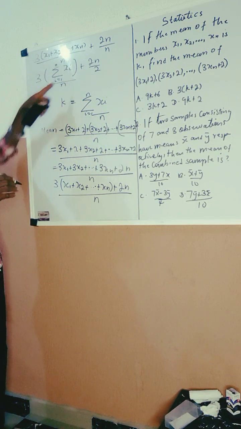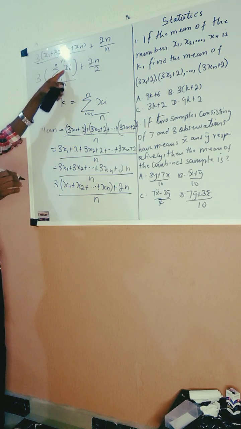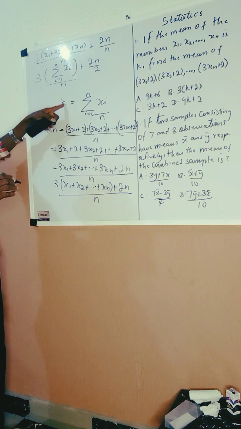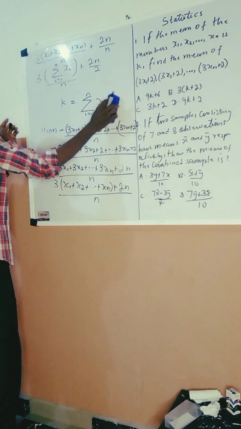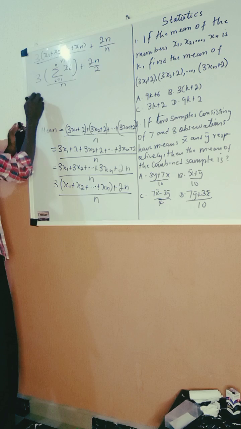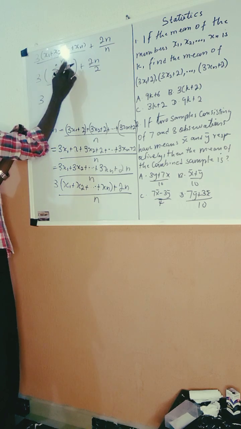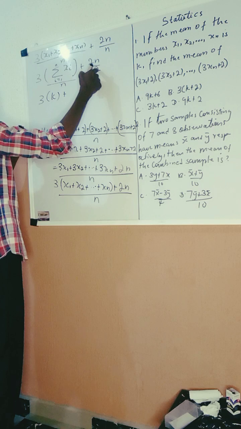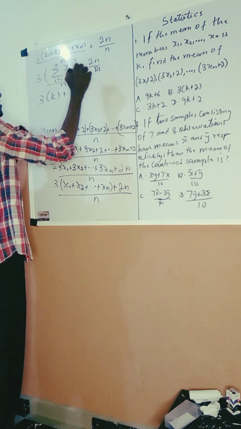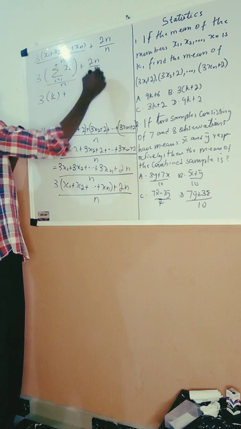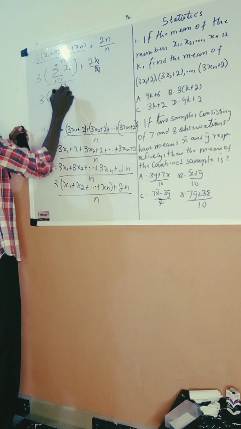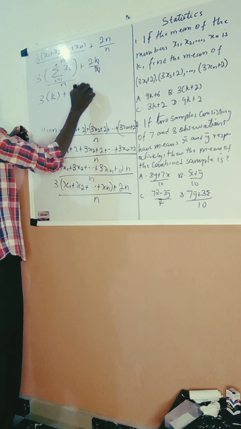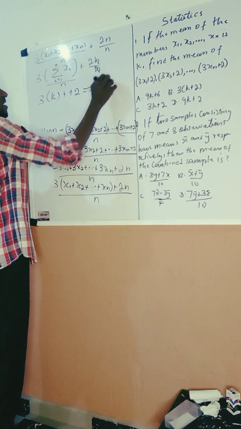So I can easily come over here, remove whatever is here and replace it with k. In place of this, I'm going to write k plus 2n all over n. The n will cancel n here, and I have 2. So this implies 3 times k plus 2.